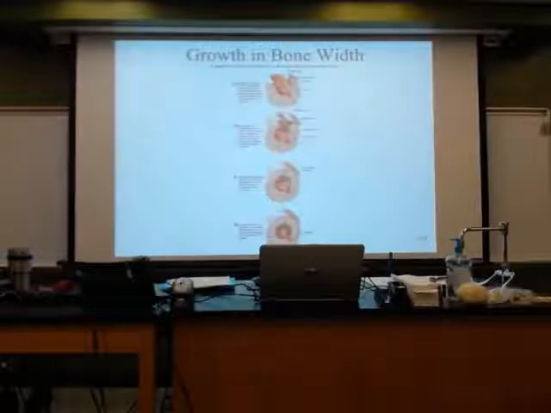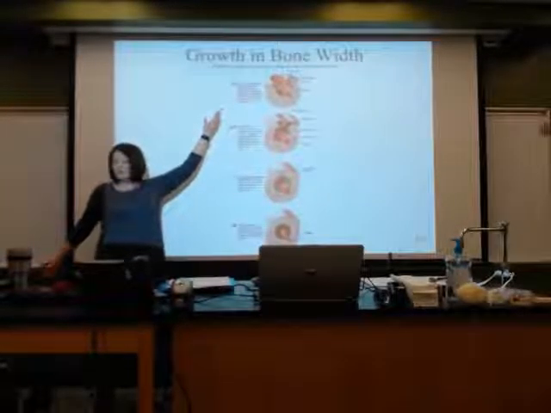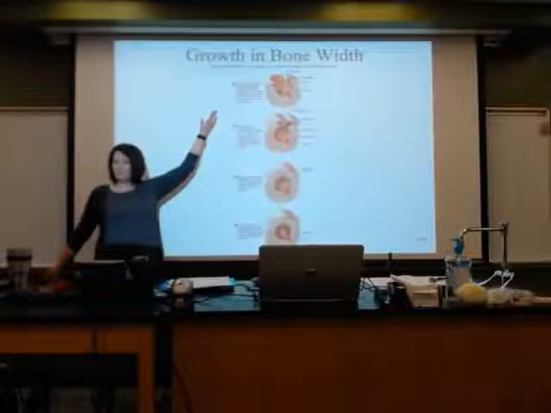But the hyaline cartilage, chondrocytes can come in, we can increase the width, the size of that cartilage, and then as the process takes place, we'll get taken over by the bone.